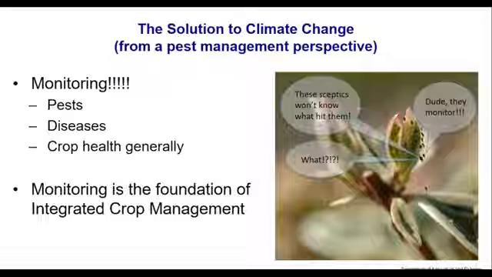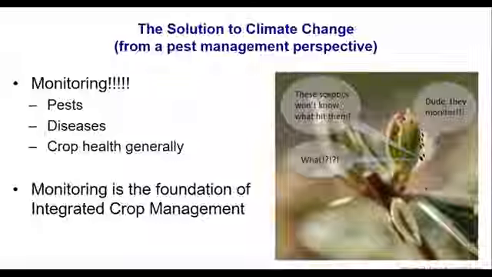But I like integrated crop management as a term because it's more holistic. It's treating the whole scenario, not just the pests and diseases, but the growing conditions, the other abiotic or soil conditions, the water, the site situation so that you can produce a healthy crop.